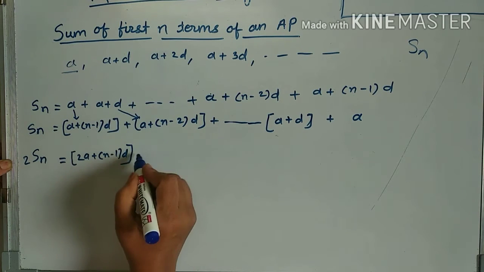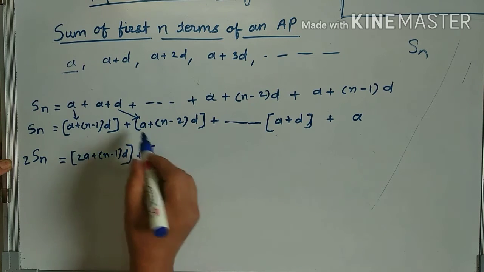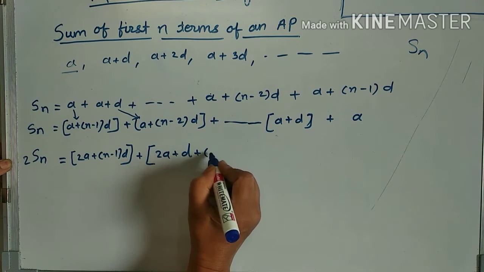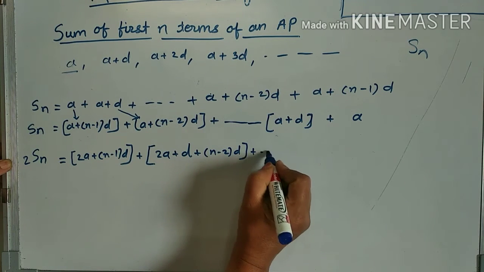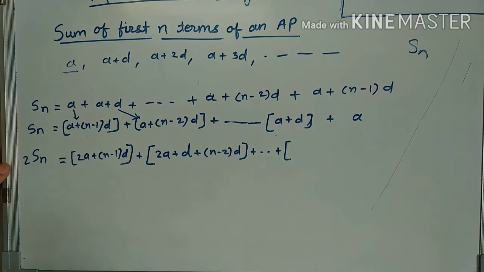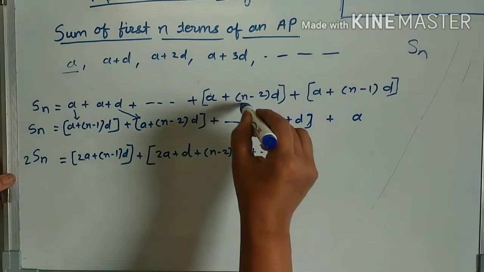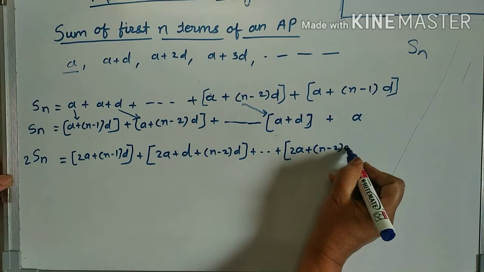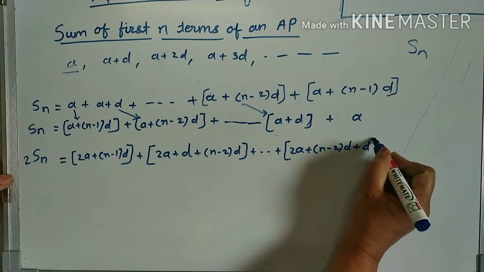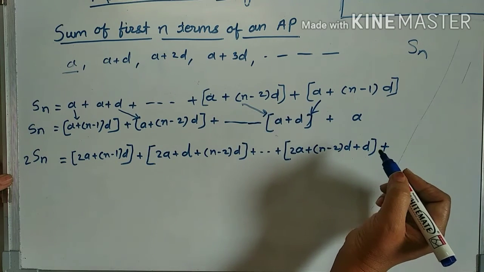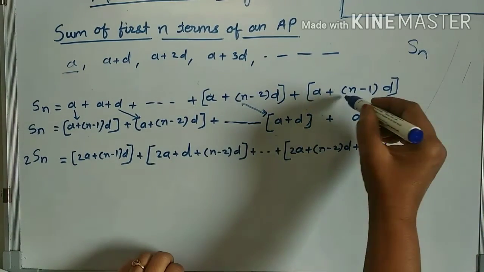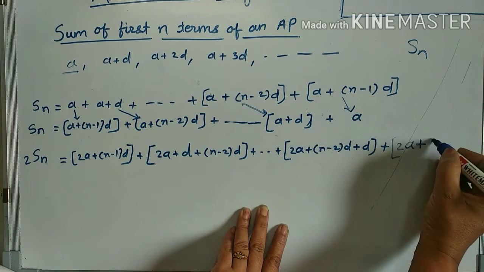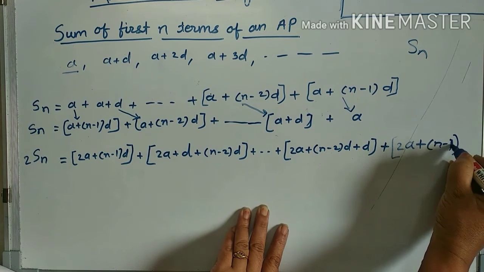Now we add these two terms, A plus A, 2A plus D plus n minus 2 D. Add these two terms A plus A, 2A plus n minus 1 D.